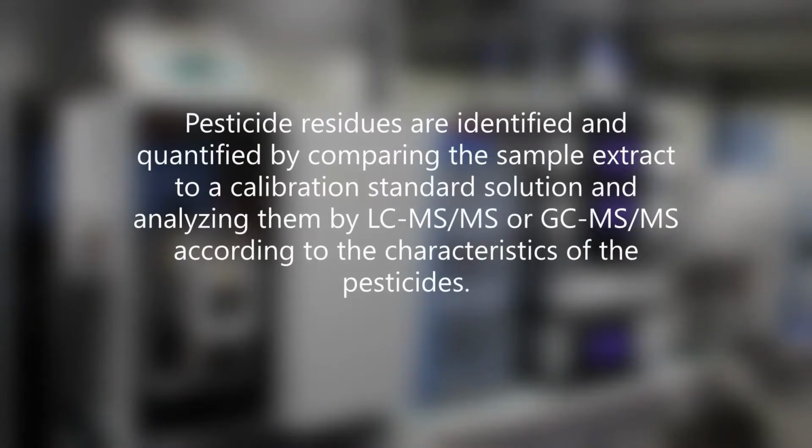Pesticide residues are identified and quantified by comparing the sample extract to a calibration standard solution and analyzing them by LC-MS-MS or GC-MS-MS according to the characteristics of the pesticides.